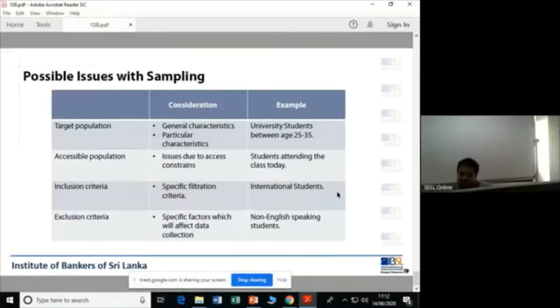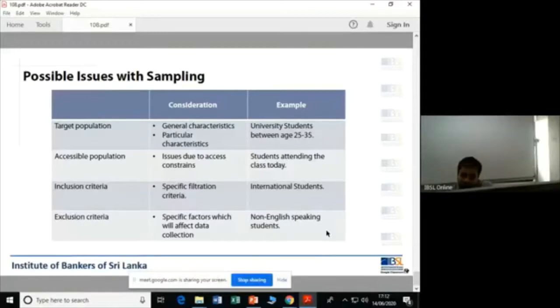So you may have inclusion and exclusion criteria again. You may tend to choose international students for your study, and you may exclude some of the students based on another specific criteria. Here I'm going to focus on non-English speaking students.